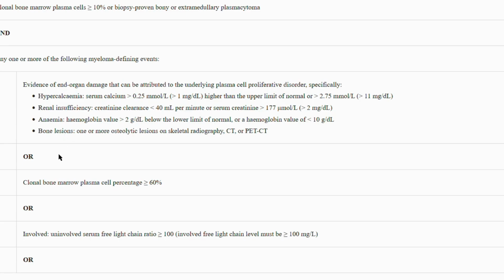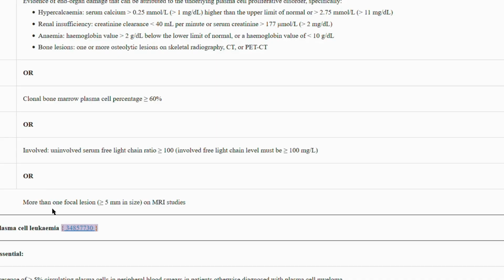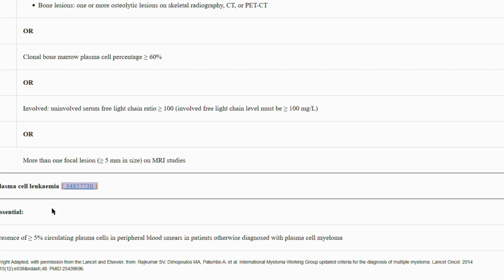And at the same time, either clonal bone marrow plasma cell percentage of more than 60%, or involved serum free light chain ratio of more than 100, or more than one focal lesion of more than 5 millimeters in size on MRI studies.